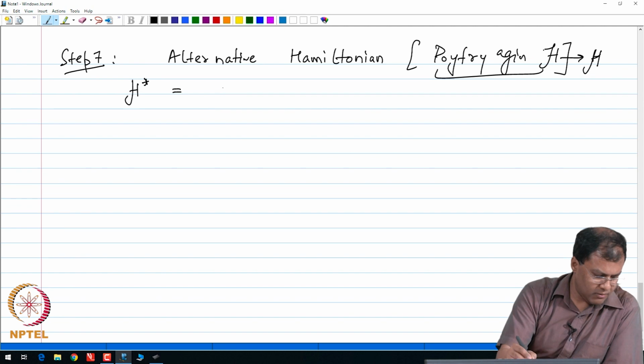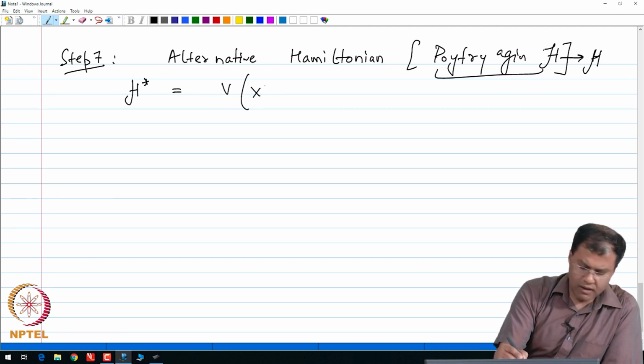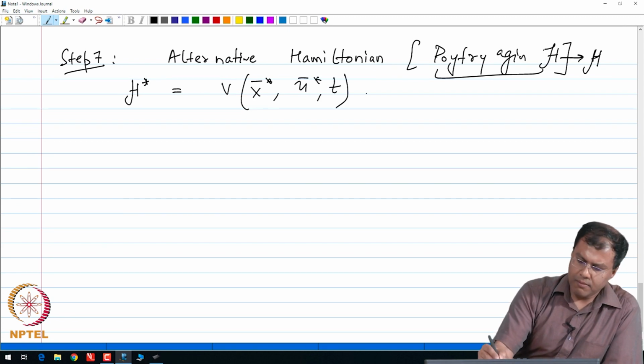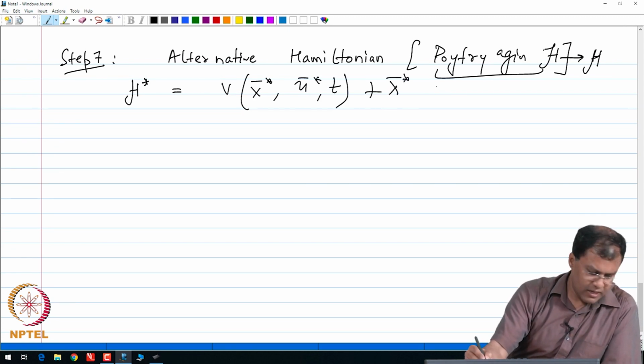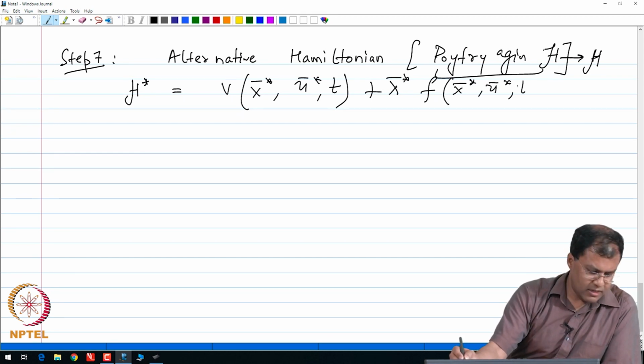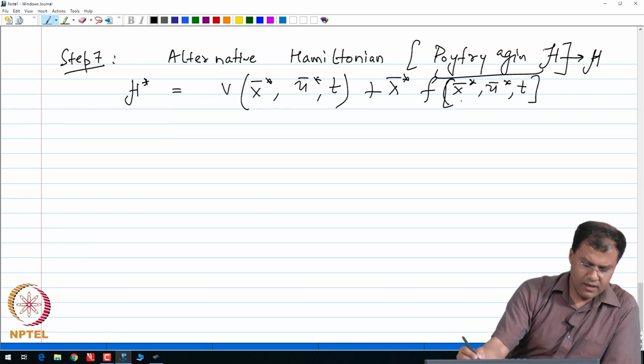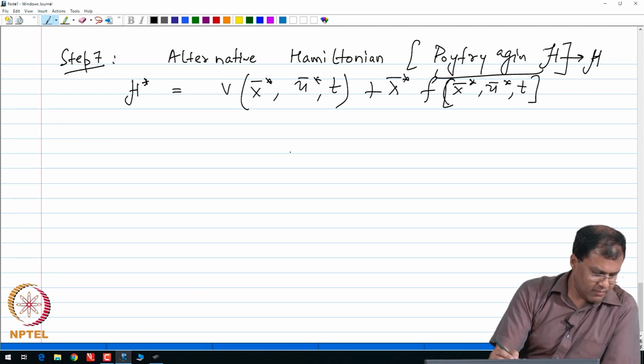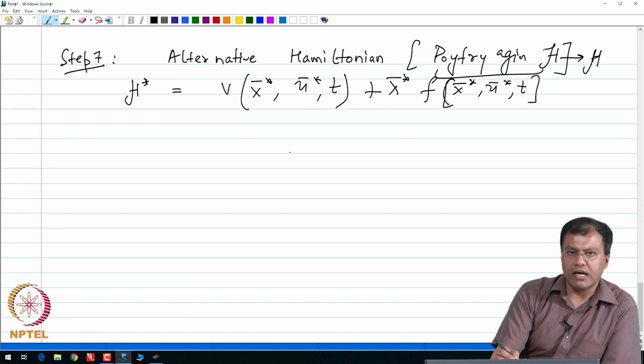So, H becomes V times x bar star, u bar star, t plus lambda bar star times my plant condition, x bar star, u bar star, t. And then all I have to do is change our Lagrangian to the Hamiltonian description.